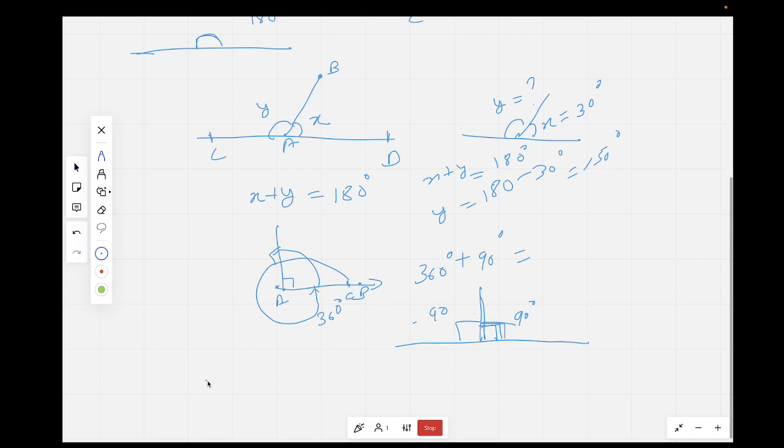So let's say there is a straight line and there is a line intersecting it at 90 degrees. So this angle will be 90 degrees, this angle will be 90 degrees, because again this is a straight line, and if this is 90 degrees, this has to be 90 degrees. Such lines are called perpendicular lines.